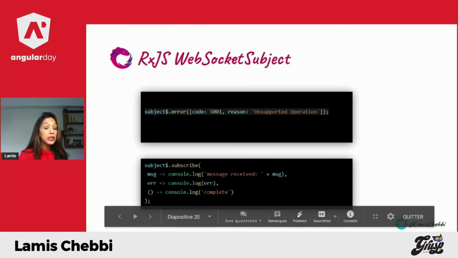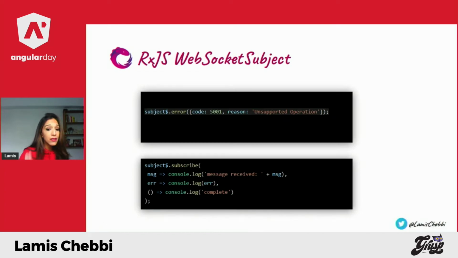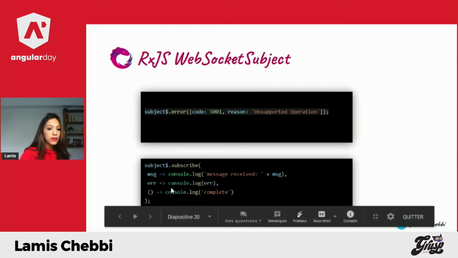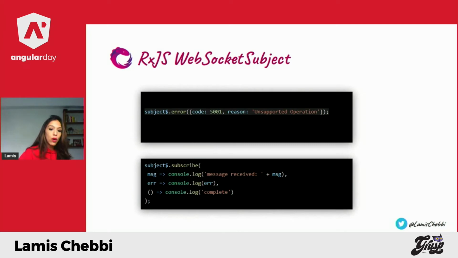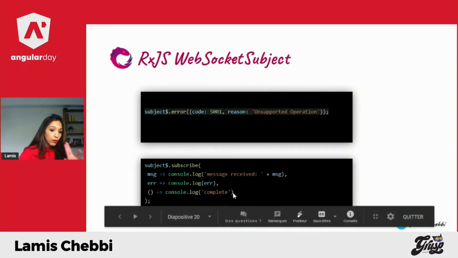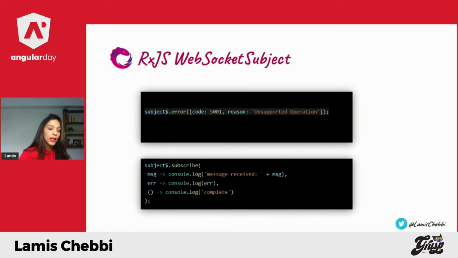If you want to handle errors, you just register an error callback. The first callback is for incoming messages. The second one is for intercepting errors. And the third one, the last one, is for completion. This is the standard in RxJS subjects. Nothing new here.